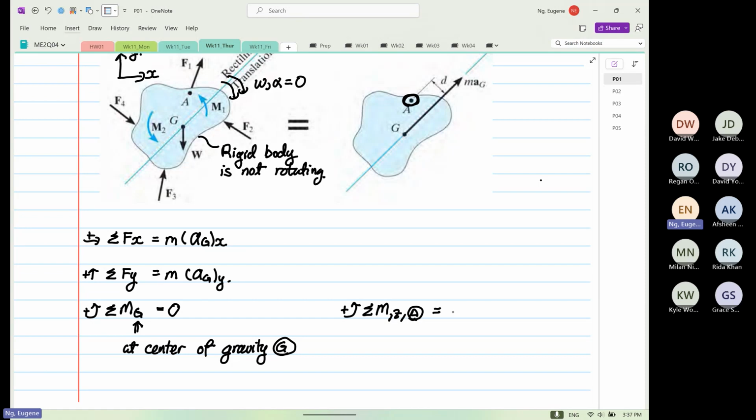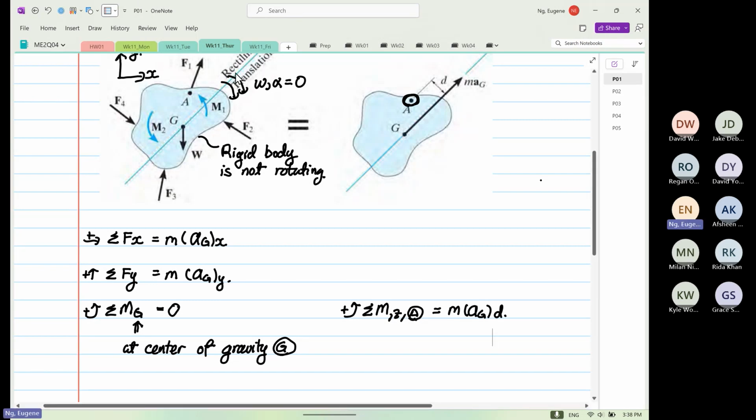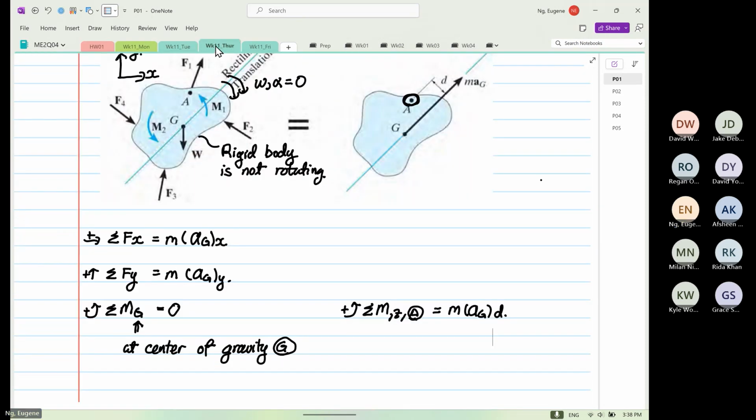This will be equal to m multiplied by a_G, and then you have to multiply by a distance d. So you all saw that happen yesterday, right? Yesterday we did an example over here. I'll let you guys finish copying first.